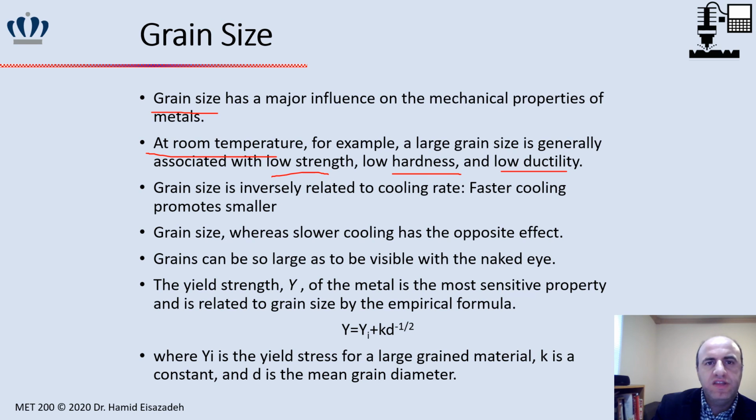If you are interested in having higher strength, then you have to change the process parameters in a way that gives you a smaller grain size. For example, the grain size is inversely related to the cooling rate. If you change the process parameter in a way that you see faster cooling, then you should be able to have a smaller grain size.